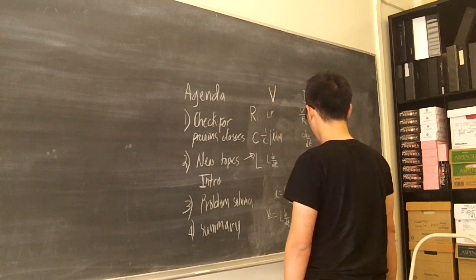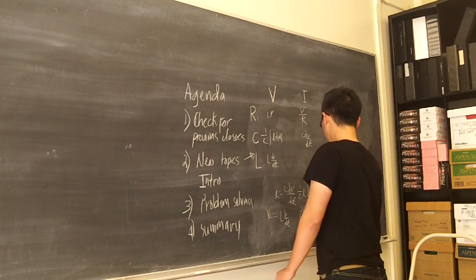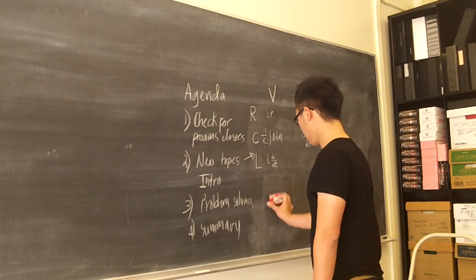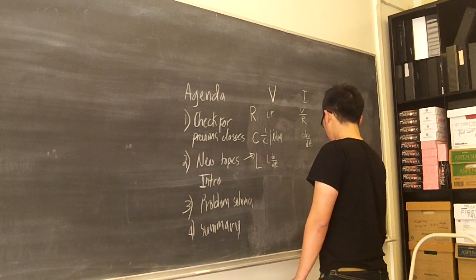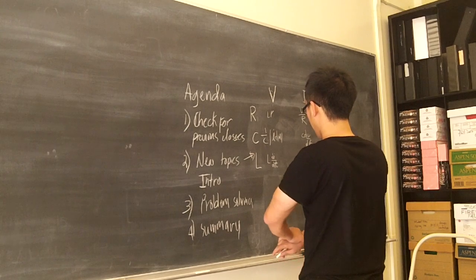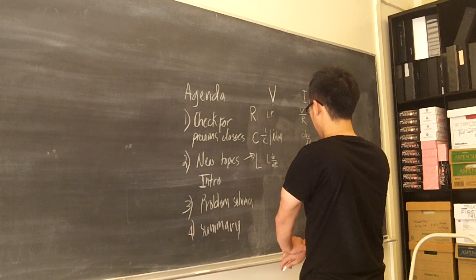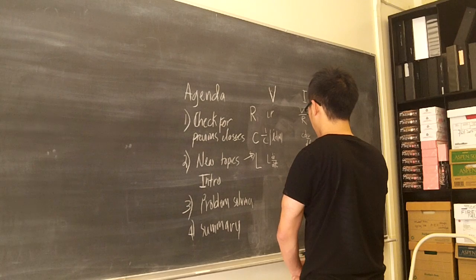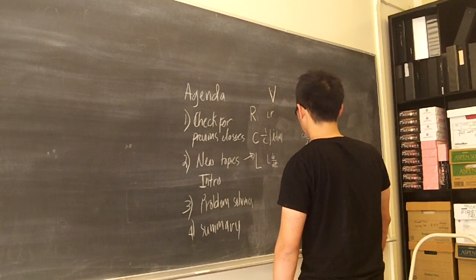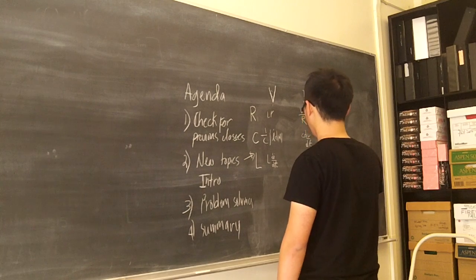You can erase the whole thing. So you have L dI over dt, right? And that is what? That's V.